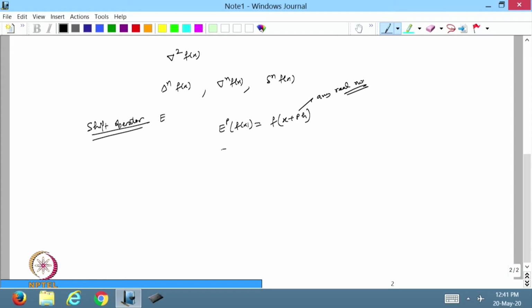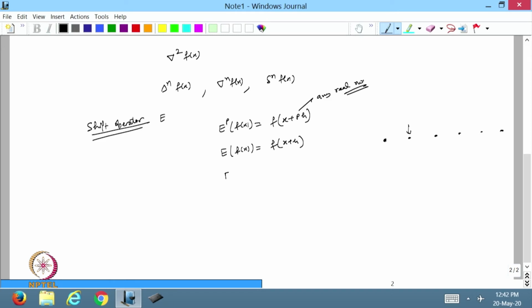For example, if I put p equal to 1 and this is f x, then my function value will be at x plus h. It means that I have the given data and I am applying the shift operator, suppose here, then the value will be this value, 1 forward.